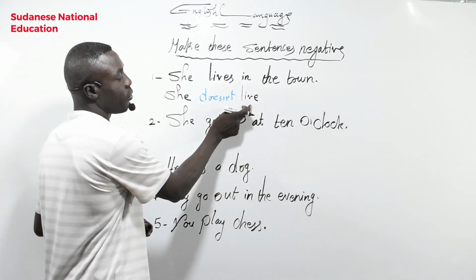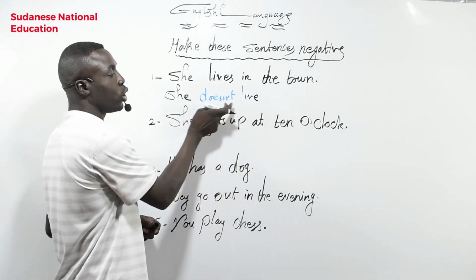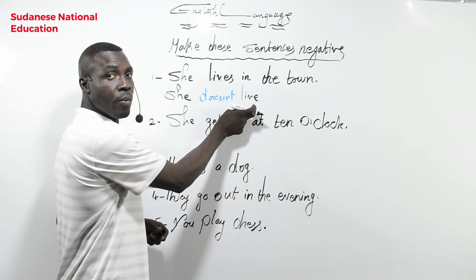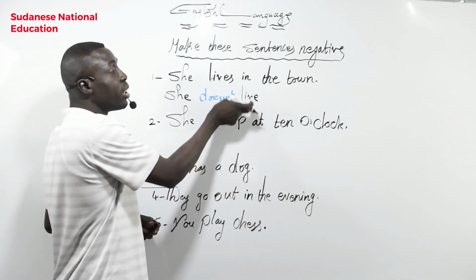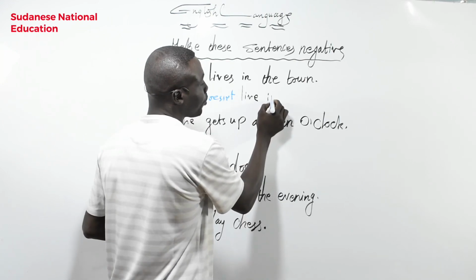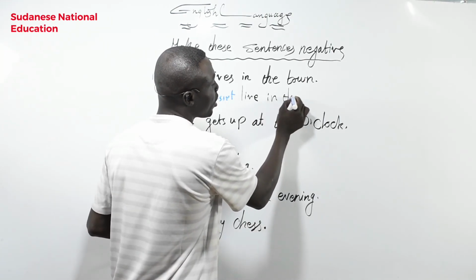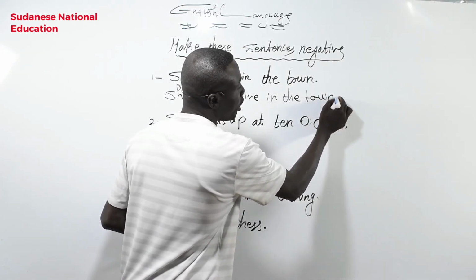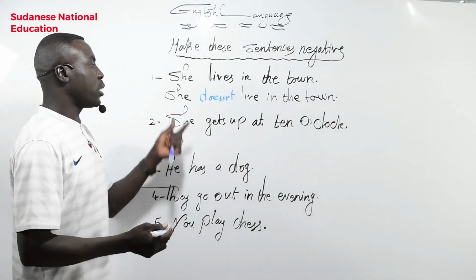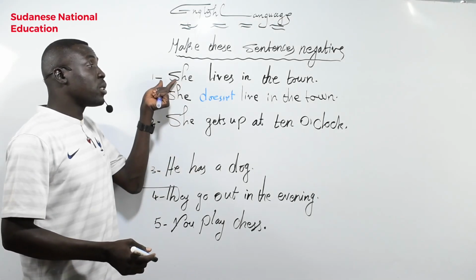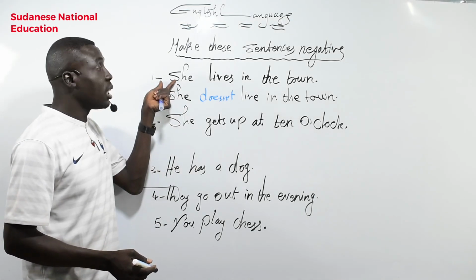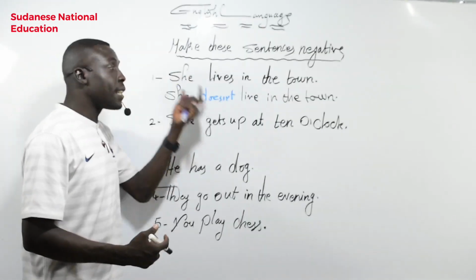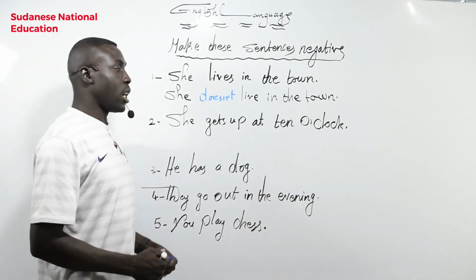We don't add s if we use the negative word doesn't. She doesn't live in the town. This is a negative sentence and this is a positive sentence. She lives in the town. Negative sentence: she doesn't live in the town.